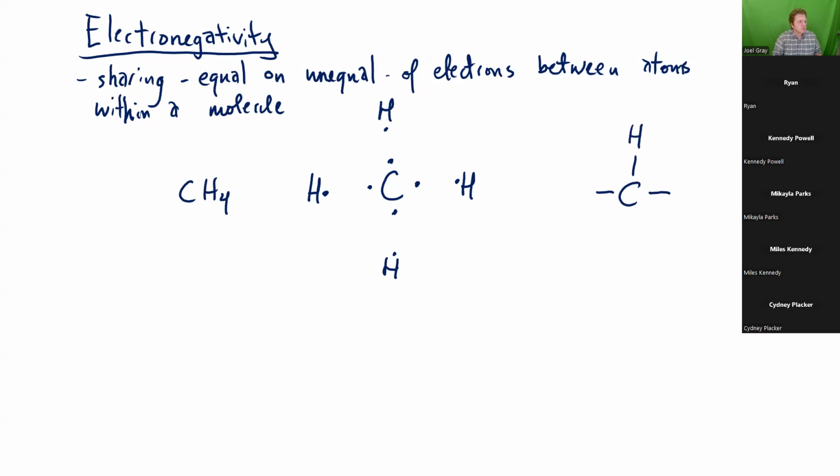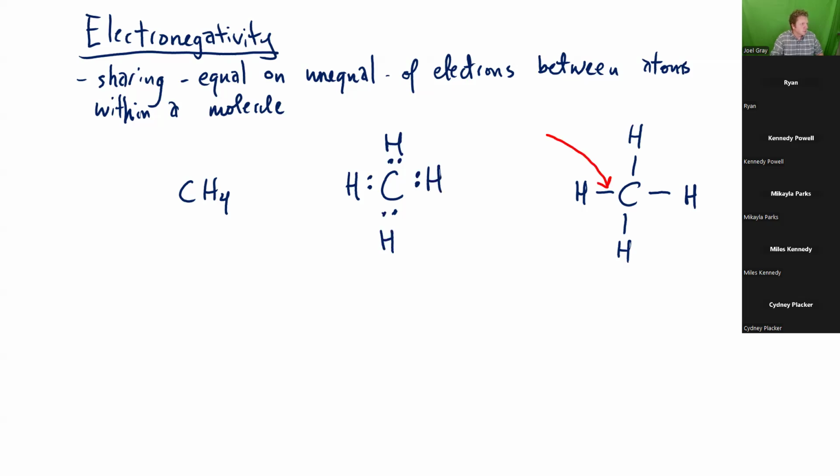These single lines between hydrogens and carbons represent a pair of electrons. Some people will draw CH4 like this. I've got to switch colors so that I can highlight it a little bit more. This line right here corresponds to those 2 electrons, so that's 2 electrons being shared between those atoms.